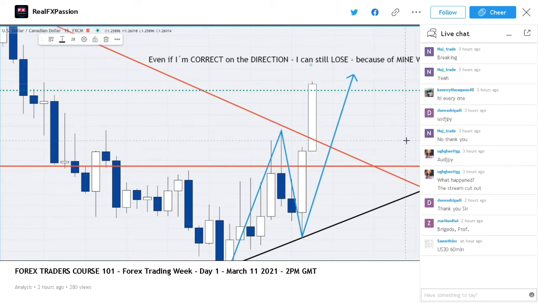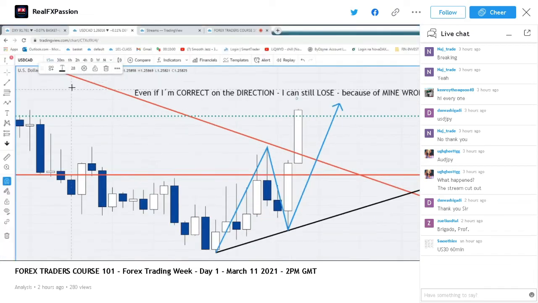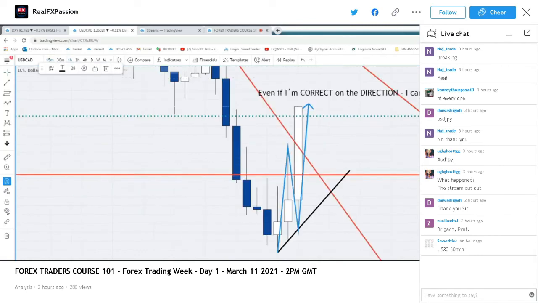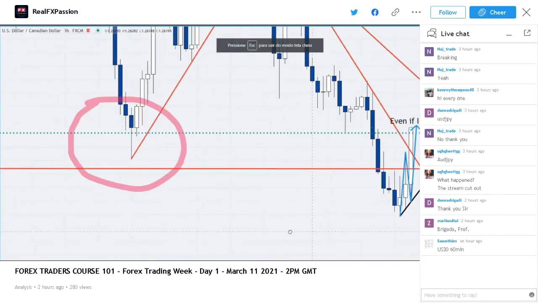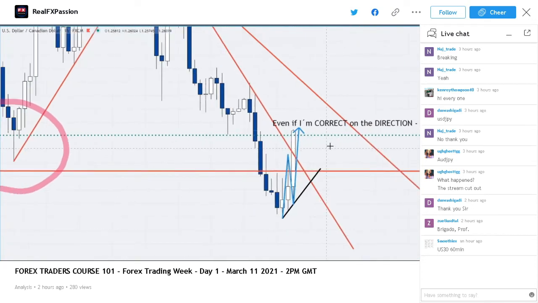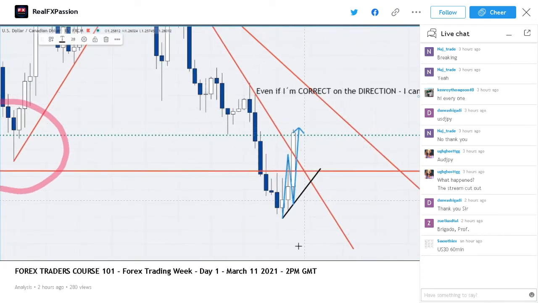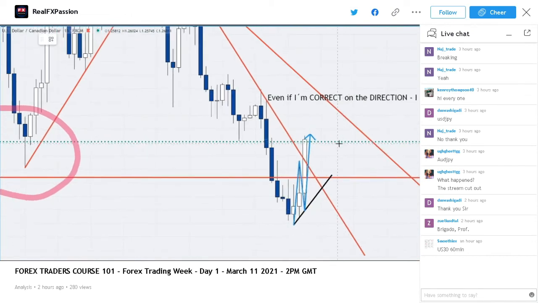So maybe, just maybe, let's go back on the 1 hour chart. Maybe the market is going to hit past resistance and is going to reverse, right? But I cannot blindly short the market in here.